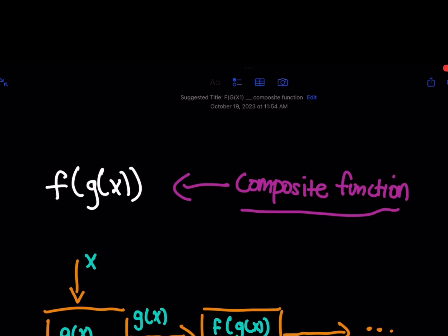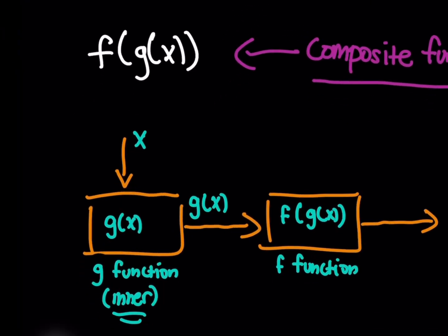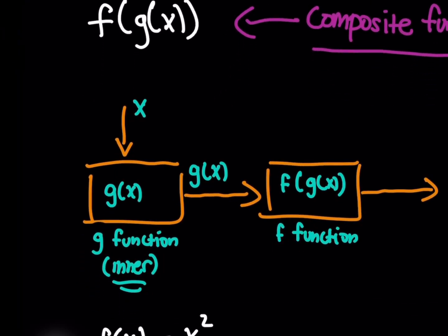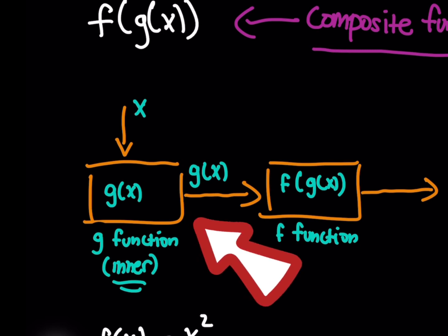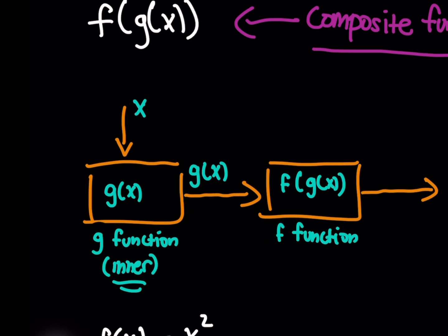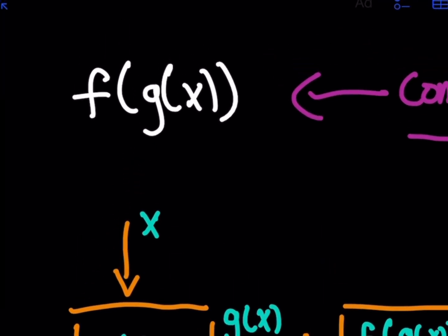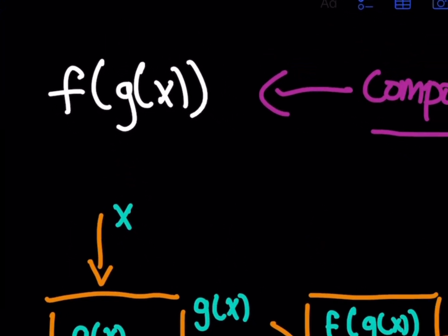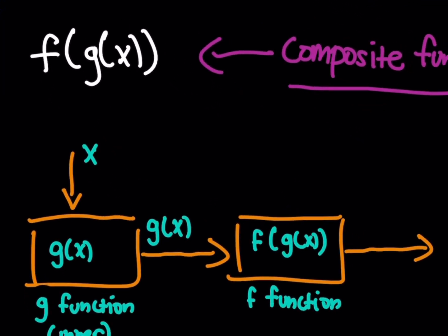The way I like to think of composite functions in a visual way is to draw a train with boxcars. In this example that I've drawn, we're going to start with the very left of the train. You have this box that's labeled as the g function. And I want you to take a look at the original notation I wrote above, f of g of x. This train is drawn in such a way that when you start from the very left, we always start with the inner function.